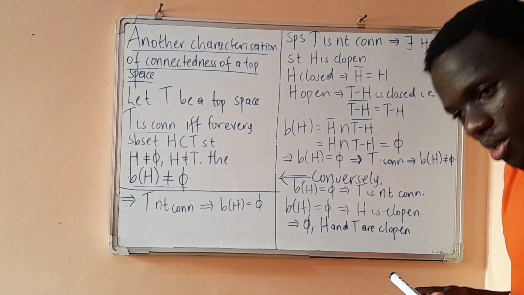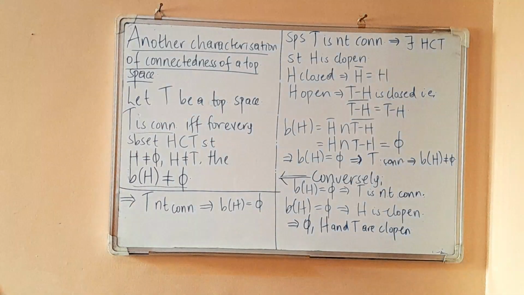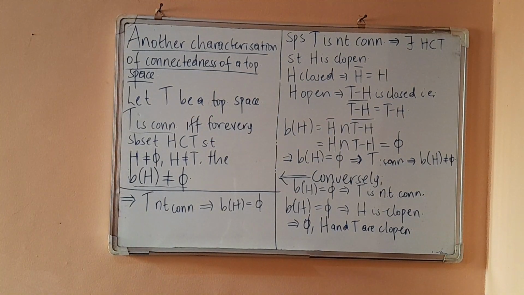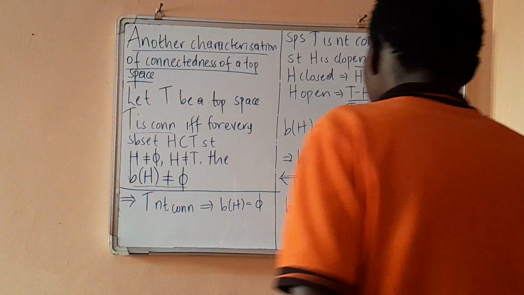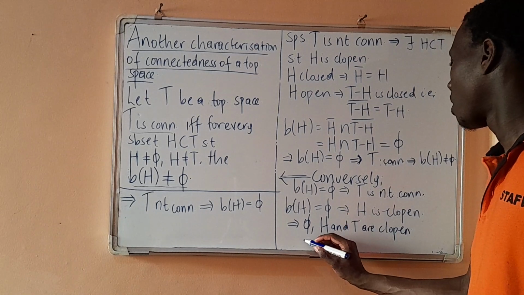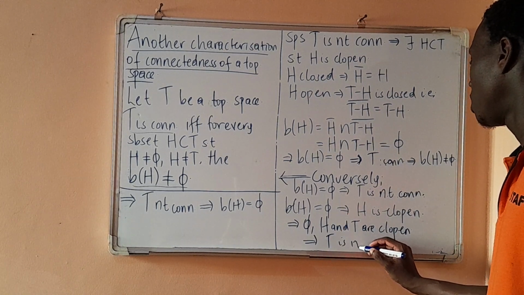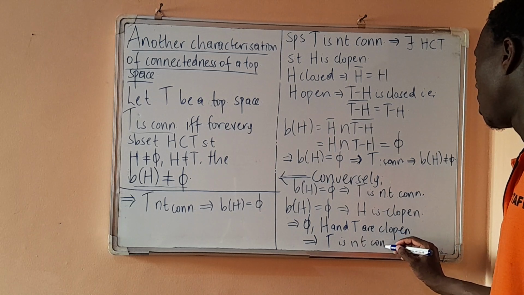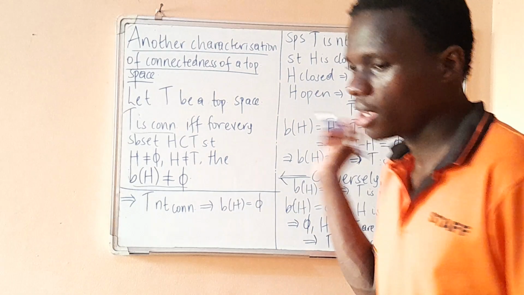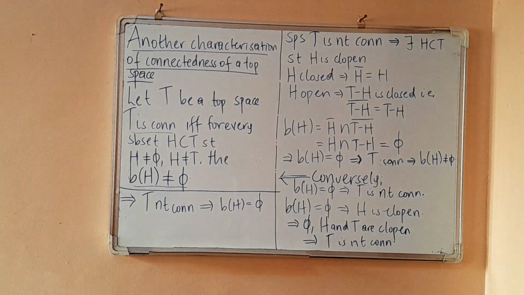Now, for a set to be connected, the only open subsets of that set are supposed to be T and the empty set. Now we are including H. This implies that T is not connected. Hence, we are done via contrapositive arguments.